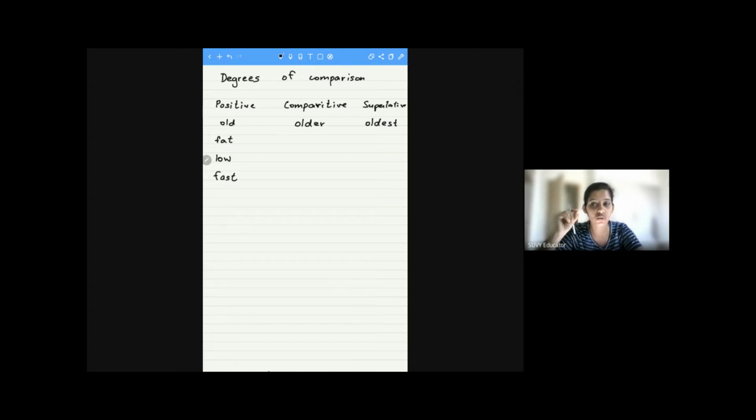So the first rule is when you have one vowel in the word, okay, and it ends with a consonant. So look at this. This has only one vowel. So when this is happening, for the comparative you will add er. Okay, I will write this on top so that it becomes clear. So you add an er to fat. That becomes the comparative. And for the superlative, it becomes est.